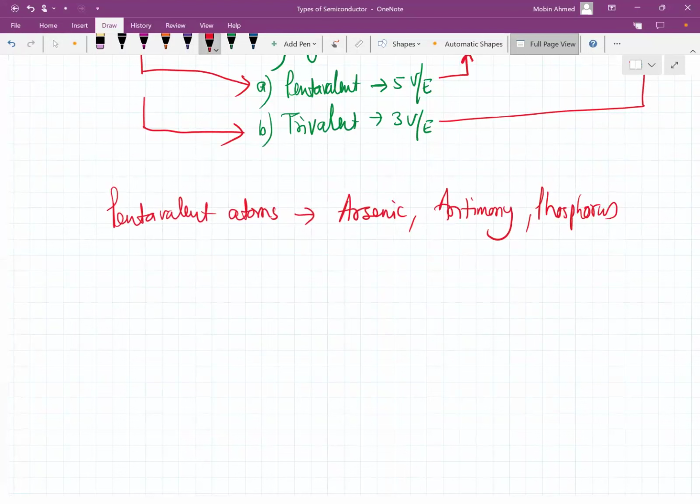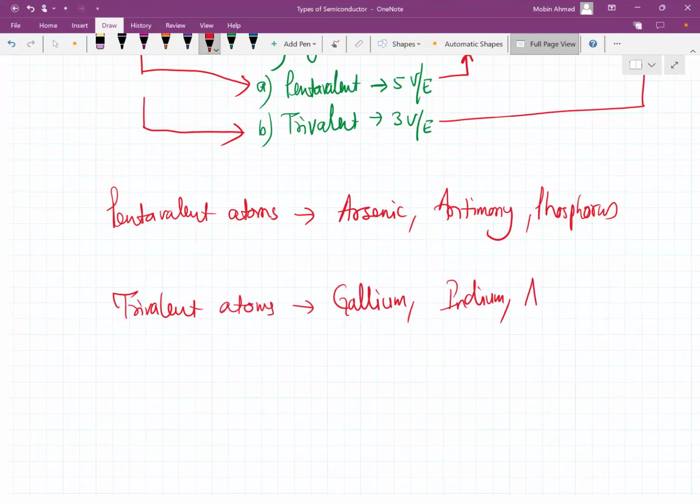They are known as pentavalent atoms. Trivalent atoms, like gallium, indium, aluminium, and boron, are known as trivalent atoms.